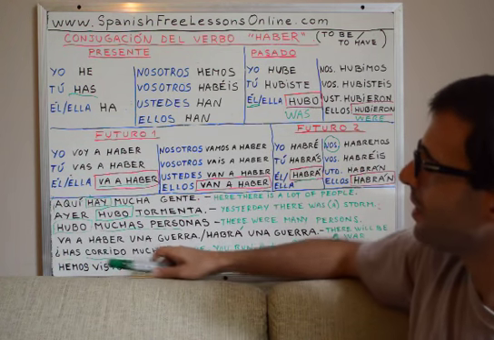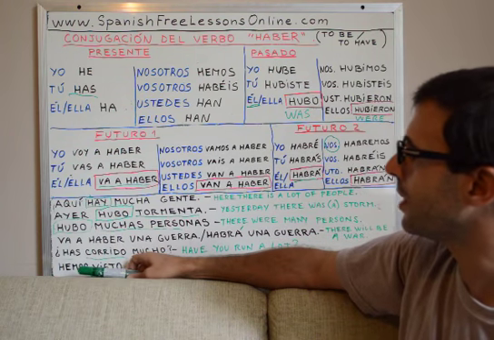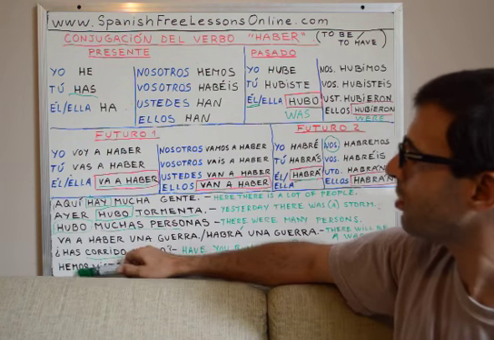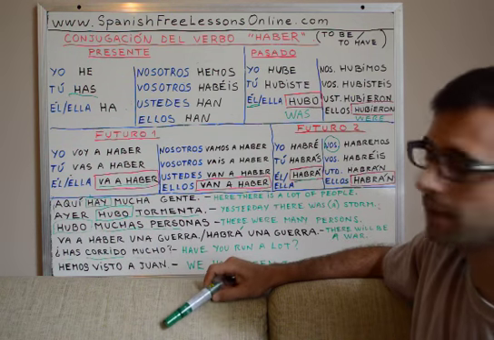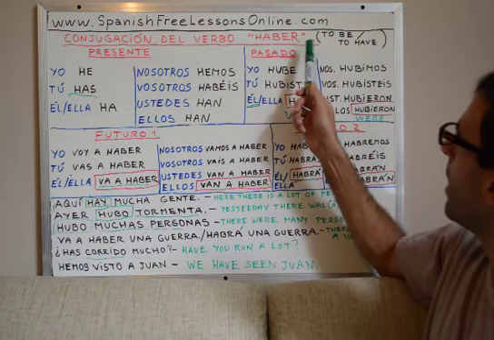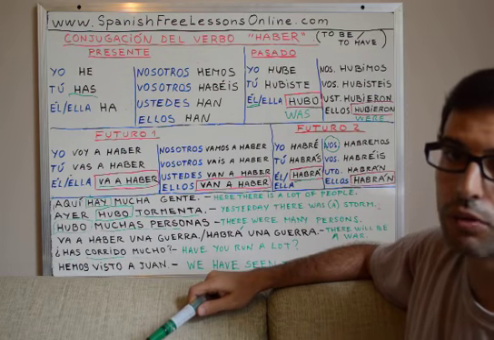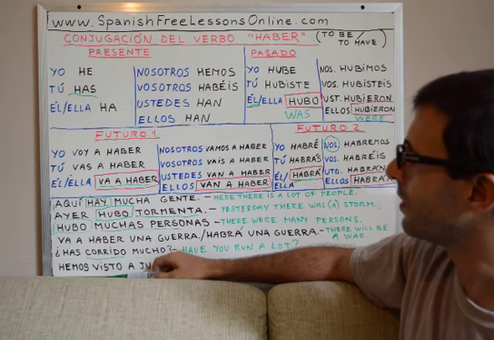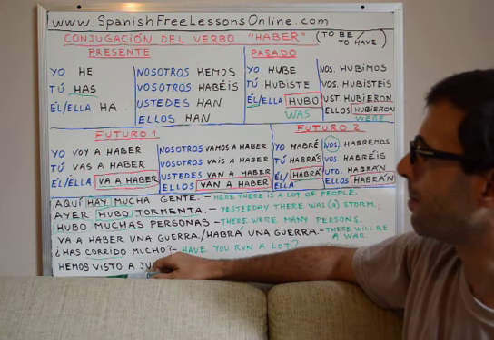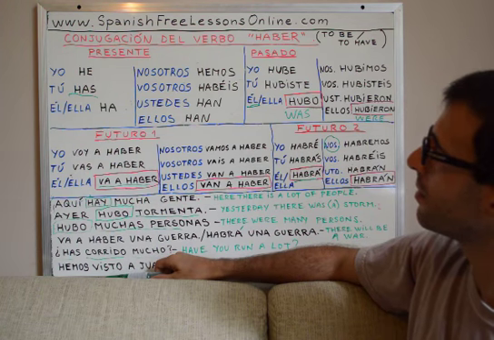And here our last example is hemos visto a Juan. Again, we have the verb haber as auxiliary verb, okay? So this is again present perfect.